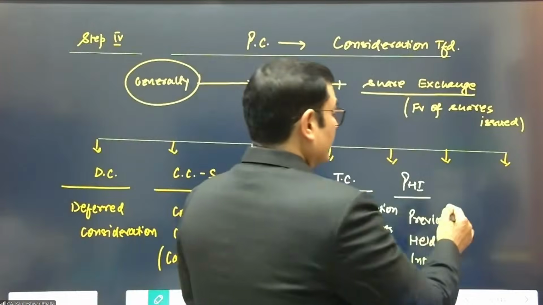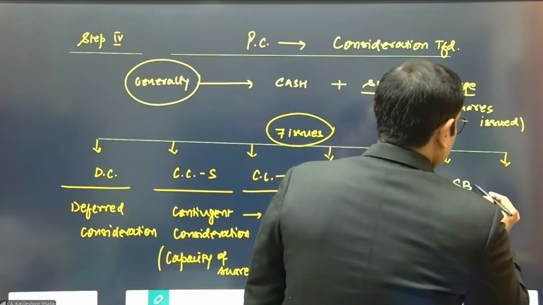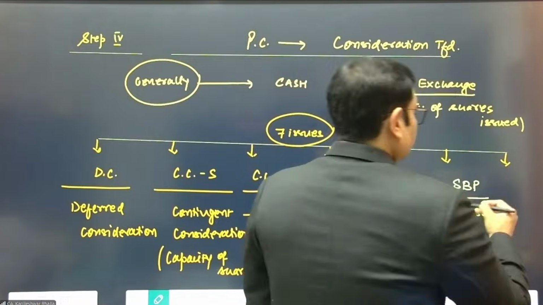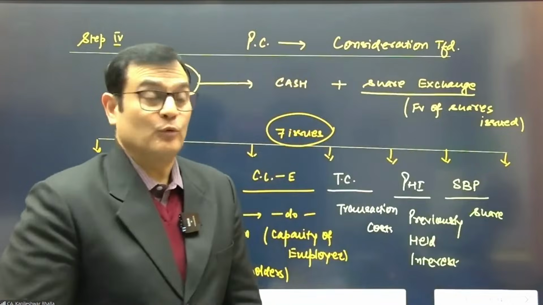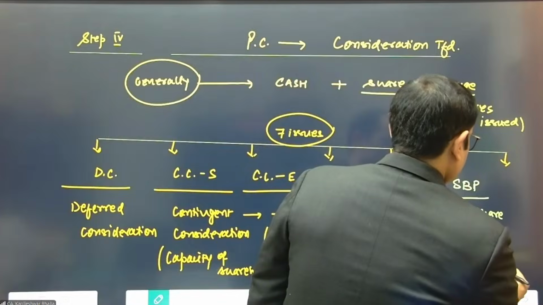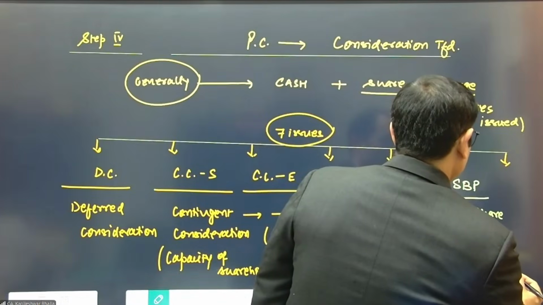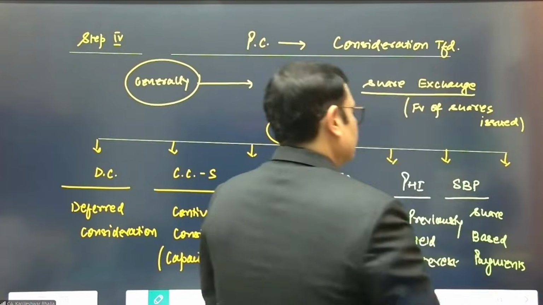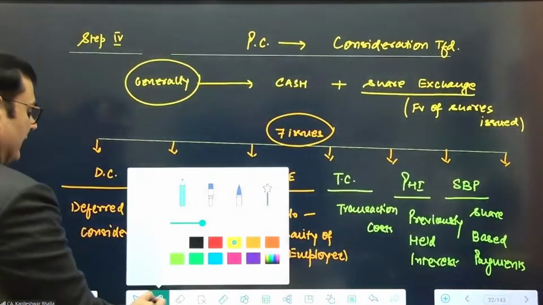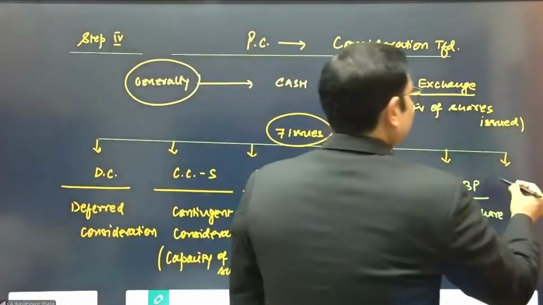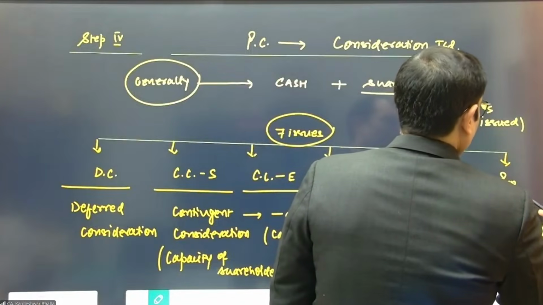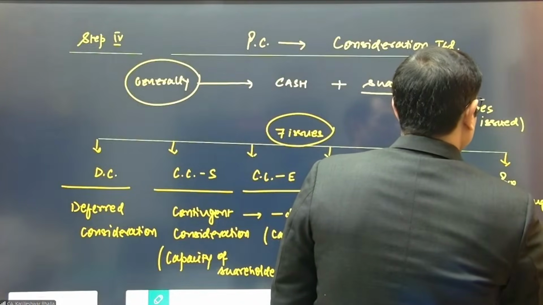Then there is another agenda called SBP. You heard this in step 3B, but I said we'll discuss it in step 4: share-based payments. And finally, we've got another agenda, and that is called pre-existing relationship.